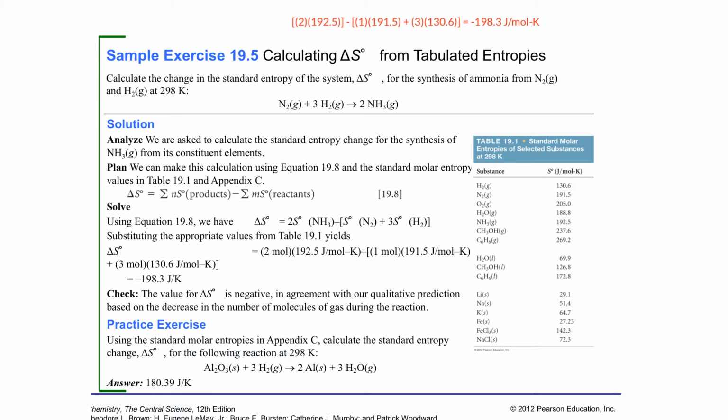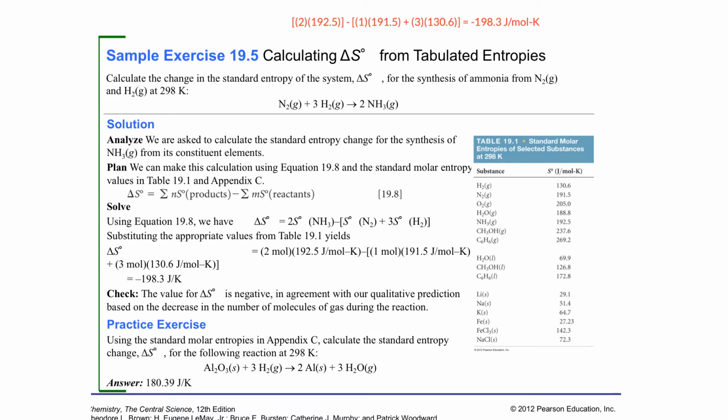So really all you're doing is taking the balanced equation. So in this case, 1 mole of nitrogen gas plus 3 moles of hydrogen gas yields 2 moles of ammonia gas. So each one of those has an entropy. So each entropy is multiplied by the number of moles in the balanced equation.